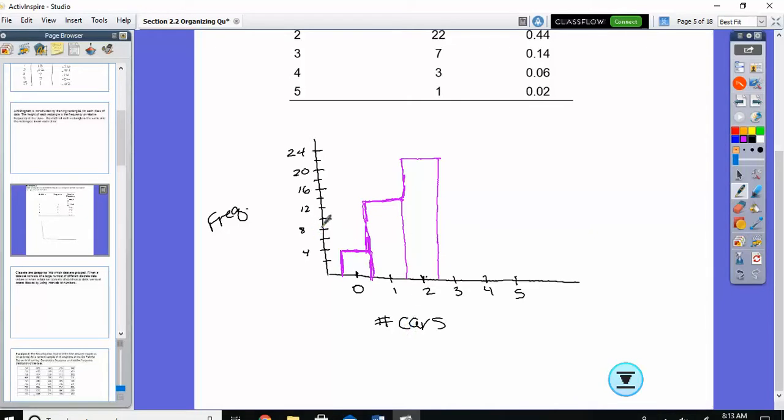Three, we had 7. 4, we had 3. And 5, we only had 1.